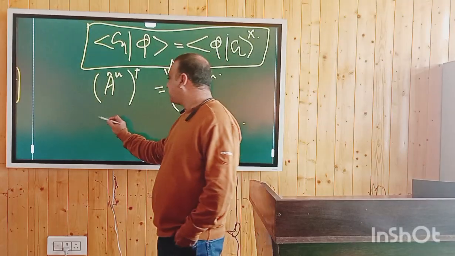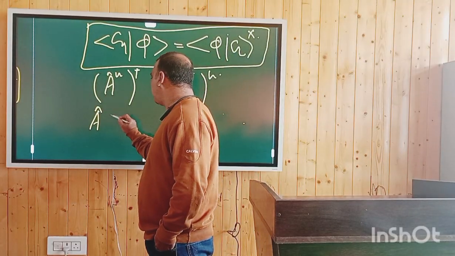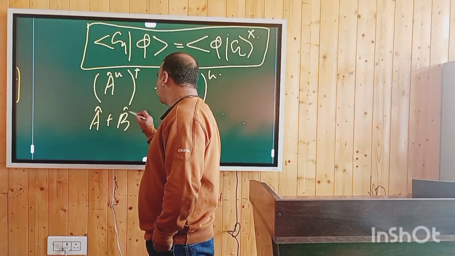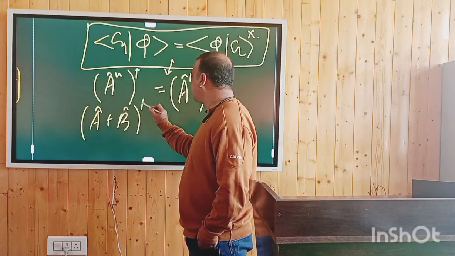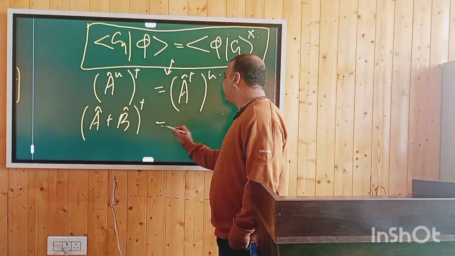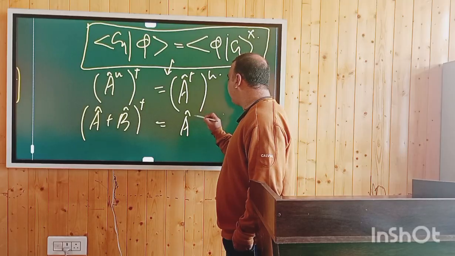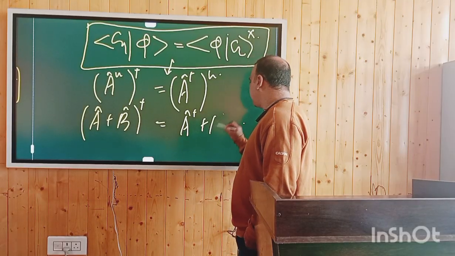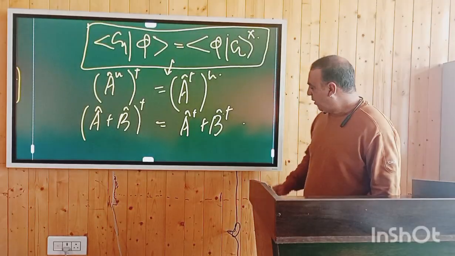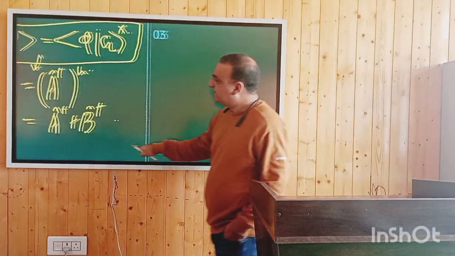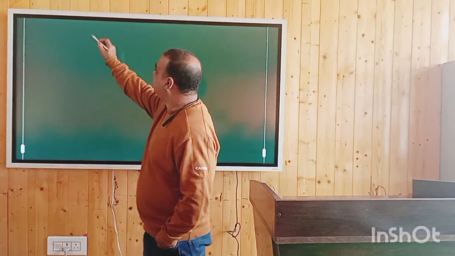Another property is, suppose I have two operators, A operator, B operator, and I take its Hermitian adjoint, I can separate them out: A cap dagger plus B cap dagger. This can lead up to n.